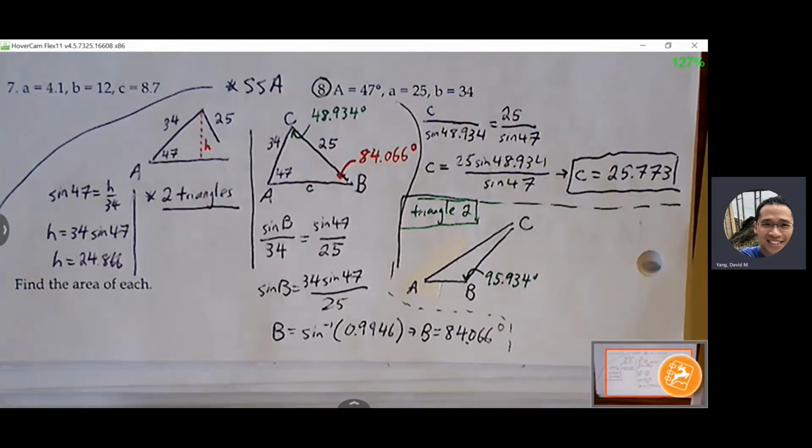You see the very bottom below number 8. It says find the area of each. So it got cut off.